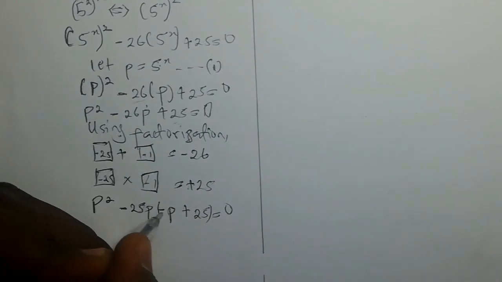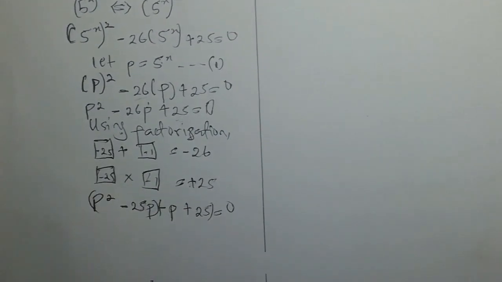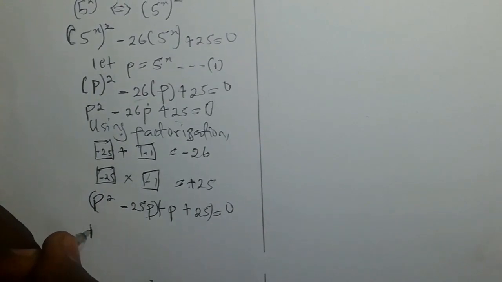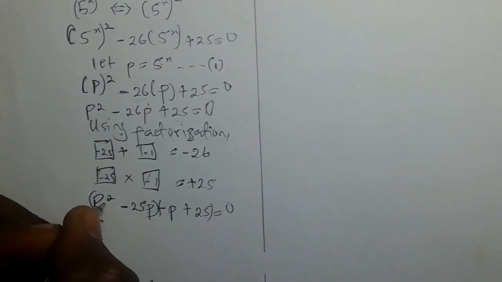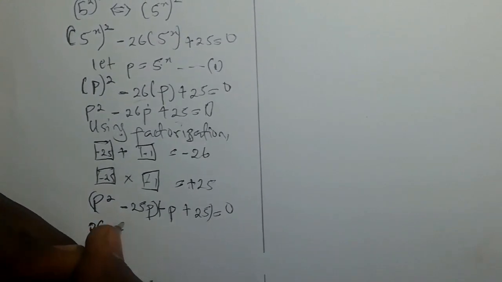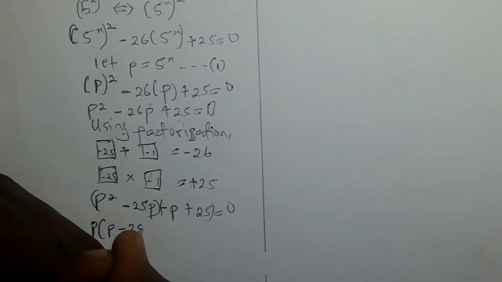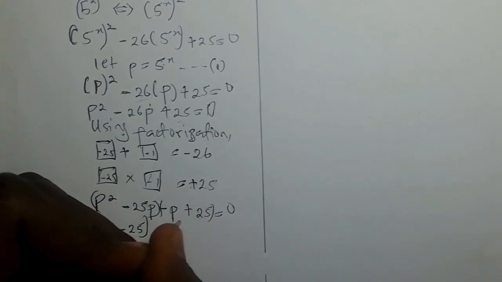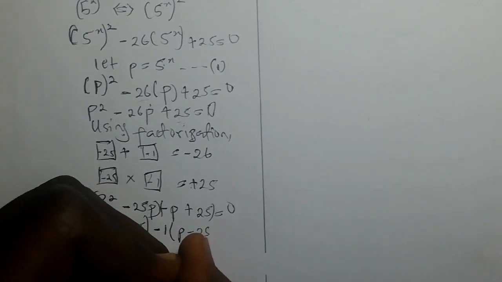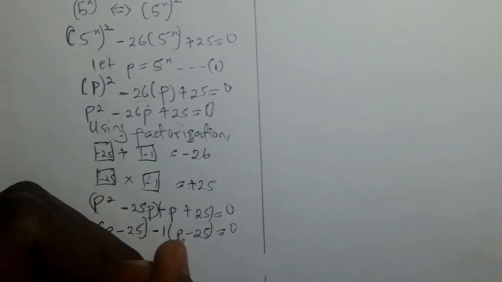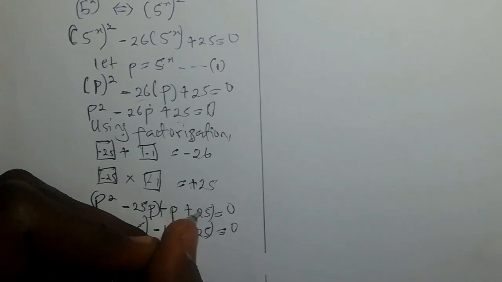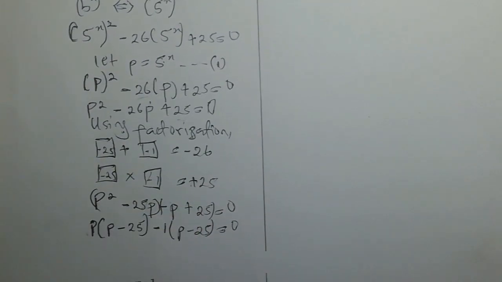Something is common here and it's p, so we factor p outside, leaving p minus 25. Then minus 1 is common with the bracket p minus 25 equals 0, because if you clear out the bracket it resolves back into negative p plus 25.